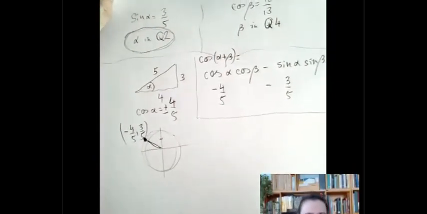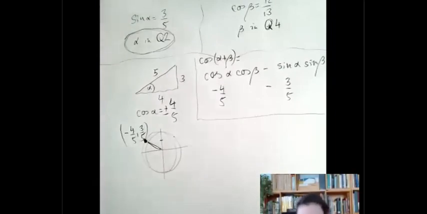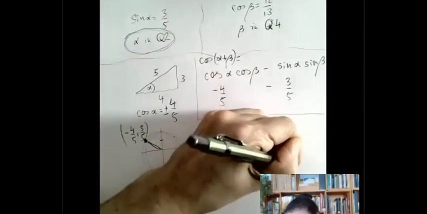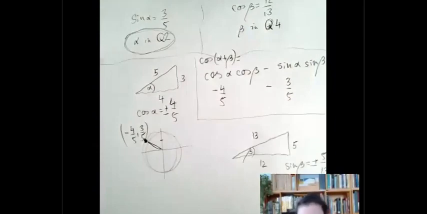Now, if we draw a picture of a right triangle where cosine beta is 12/13, we're going to find the missing side. Cosine beta is 12/13. We're going to find the missing side to be 5. This is the 5, 12, 13 triangle. Therefore, sine beta is either 5/13 or its opposite. Which one? That's why this information is here.